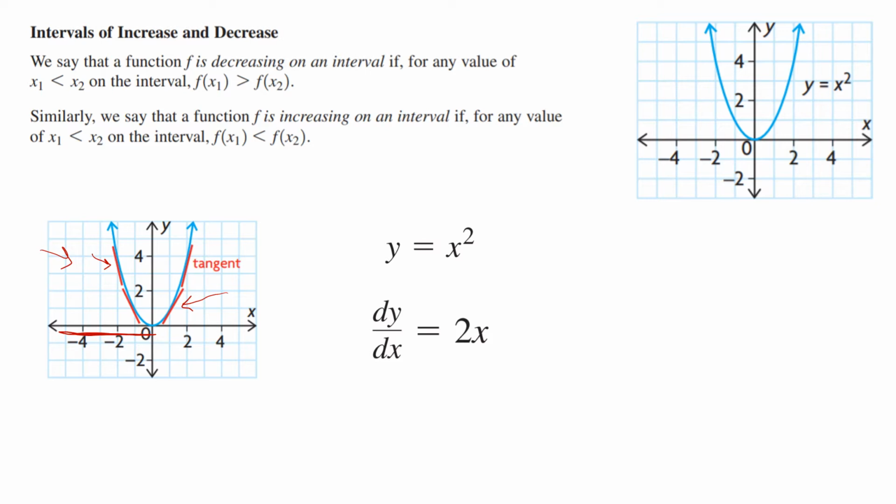If I plug in -3, my answer would be negative. This negative value indicates that my function is in fact decreasing. Also, remember that this is applicable to both continuous and differentiable functions.